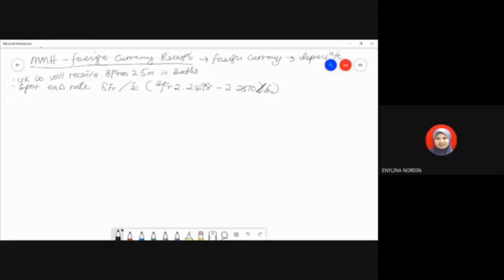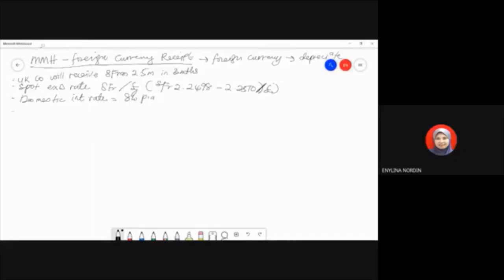What else? It is given that the interest rate in the UK, so I can call it domestic, so let's say our base country or currency is the UK in this case. So the domestic or home interest rate in the UK is 8% per annum.